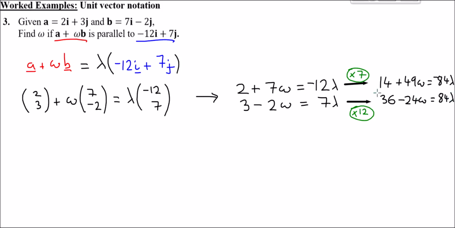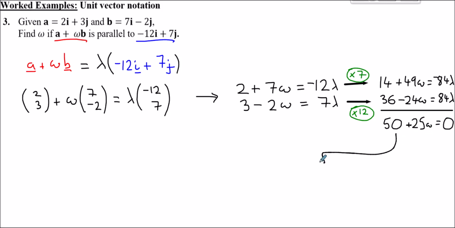Now, if we add these equations together, we'll get these lambdas cancelling, which is what we want. So 14 plus 36 is 50. 49 omega add negative 24 omega is the same as 49 omega minus 24 omega, which is plus 25 omega, equals 0.